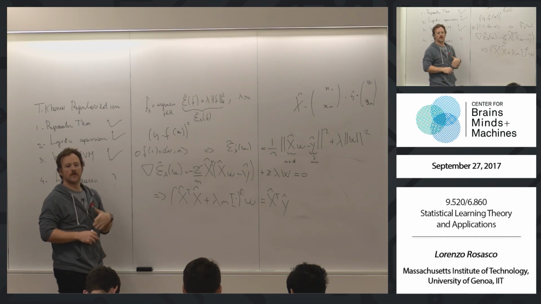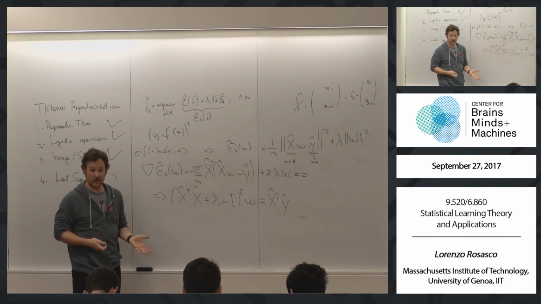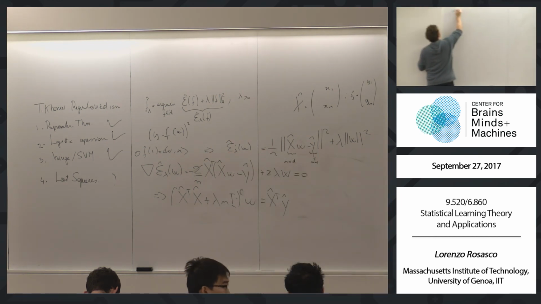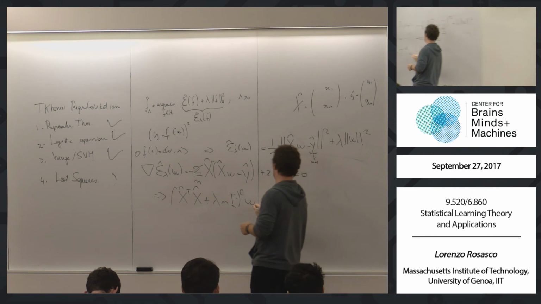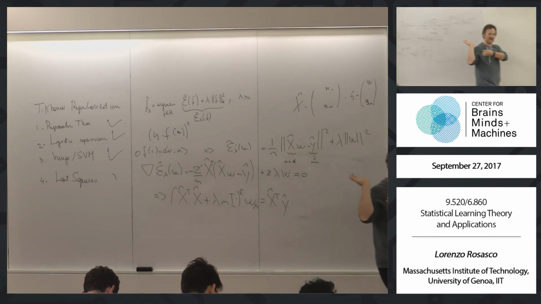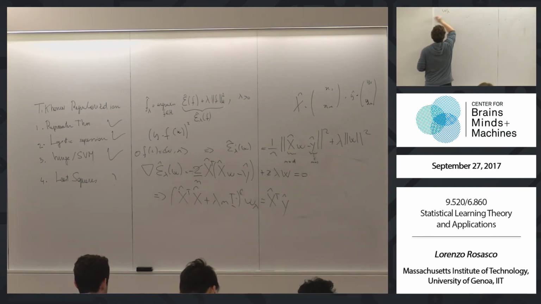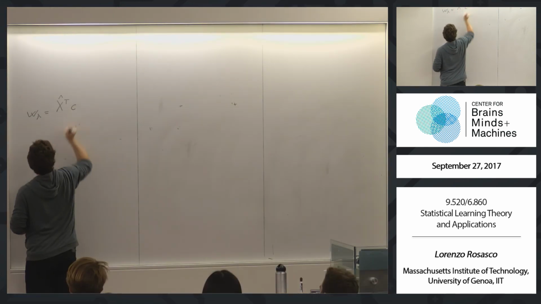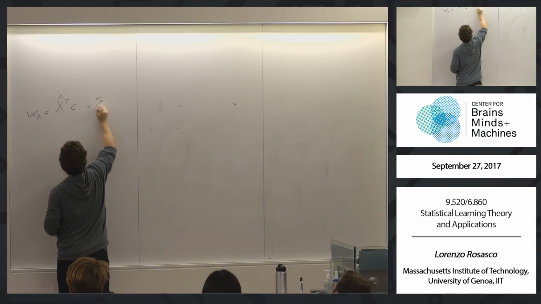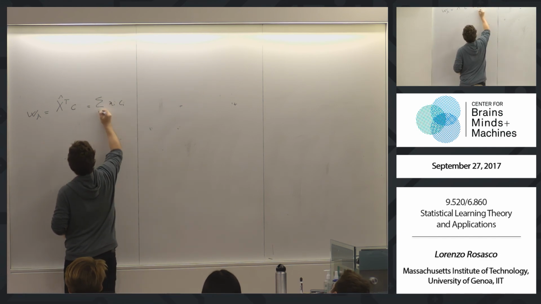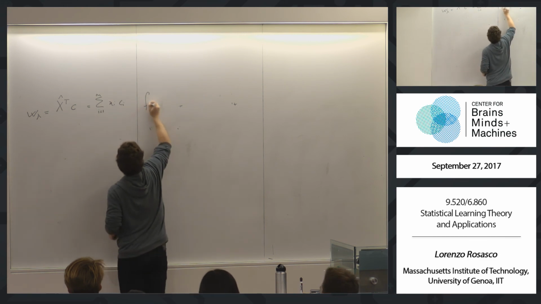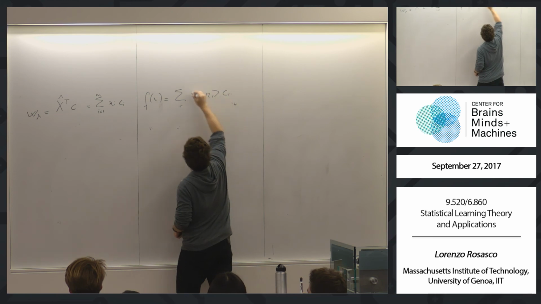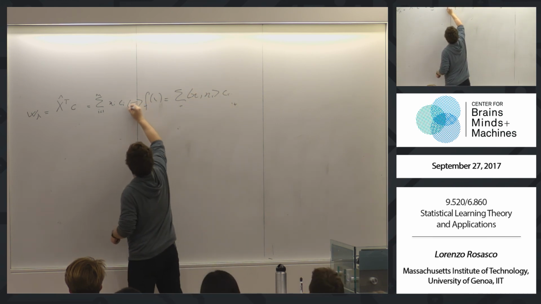I want to do the linear kernel version of the representer theorem, okay? Which means that I want to show that the W, let's call this guy W lambda, is the minimizer, the one that satisfies this equation. I want to show that the W lambda that satisfies that equation can actually be written this way for some C, which again means that f of x is equal to the sum of x times xi times ci, if I'm doing linear functions.